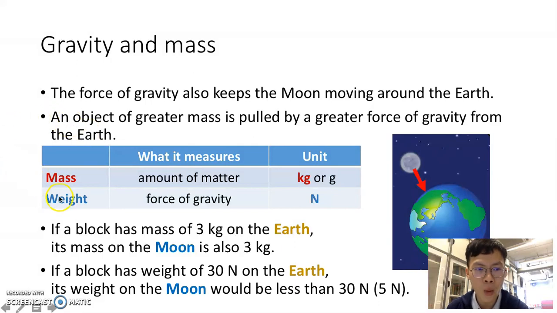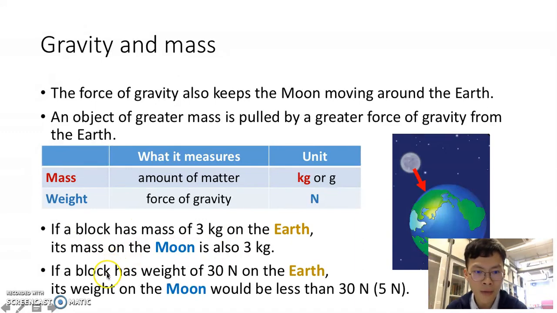And when we compare weight and mass in science, we strictly separate them into two different terms. Weight refers to a force of gravity, which is in Newton, and mass is the amount of matter, the amount of particles in the matter, and we use kilogram and gram. So if a block has a mass of 3 kilograms on Earth, its mass will also be the same on the moon.